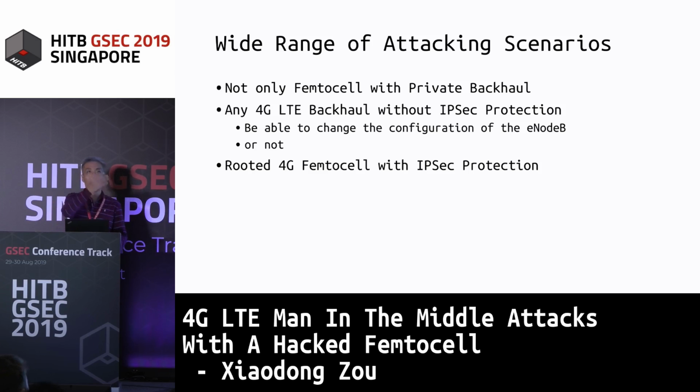For example, micro base stations on the top of a tower. They have fiber connections, fiber cables, maybe in your buildings, where you can touch them, so you can perform this.